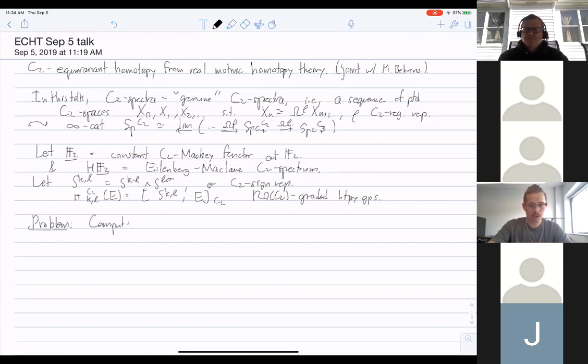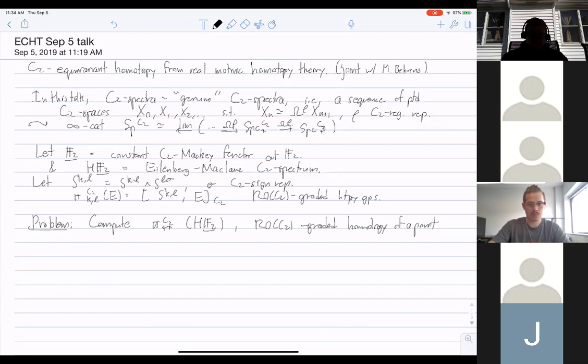So I want to compute the C2 equivariant homotopy groups of HF2. In other words, compute the RO(C2) graded homology of a point with these F2 underlying coefficients.